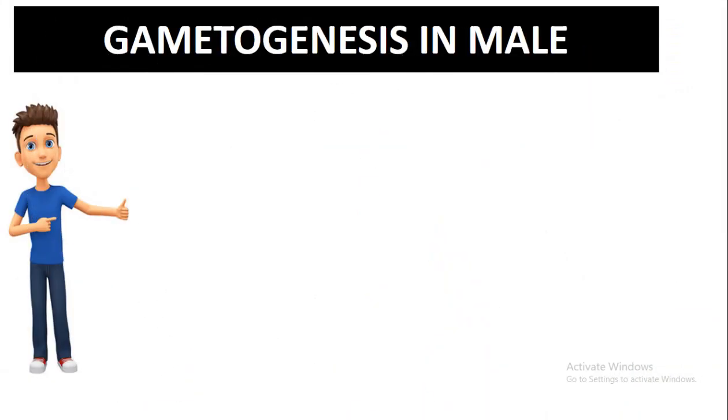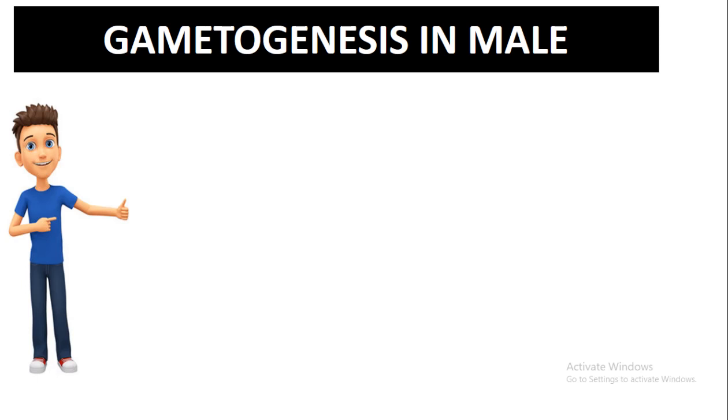So let's quickly look at gametogenesis in male. As you can see, I'm joined by my friend Henry, who is wearing a blue t-shirt that side. Henry is undergoing gametogenesis, and this gametogenesis in Henry represents the male sex cells.